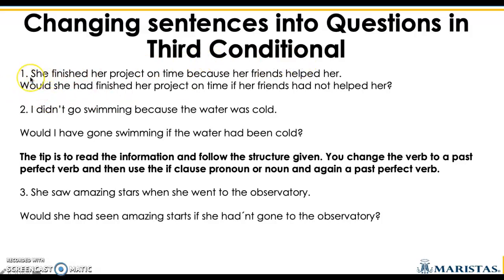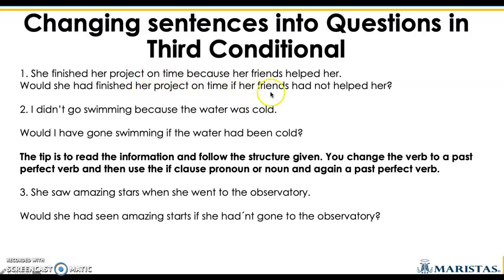For example, in number 1, it says, she finished her project on time because her friends helped her. And the question you need to make is, would she have finished her project on time if her friends had not helped her? Here's the would, the pronoun, have or had, because we're using she, the past participle verb, the information given here, the if clause.